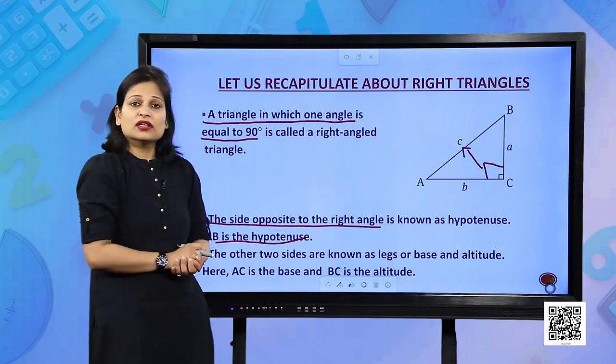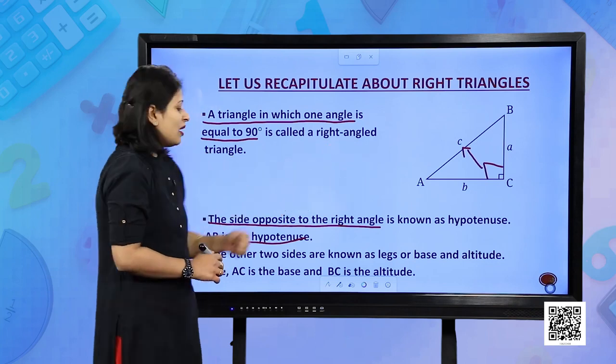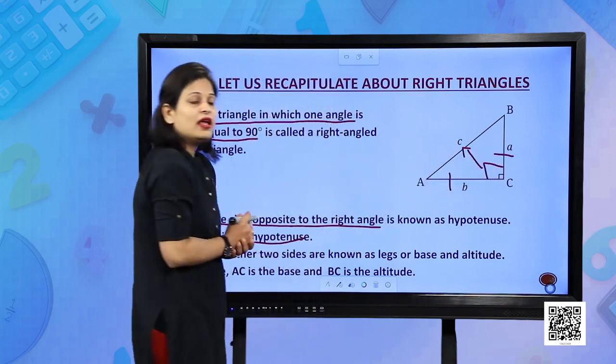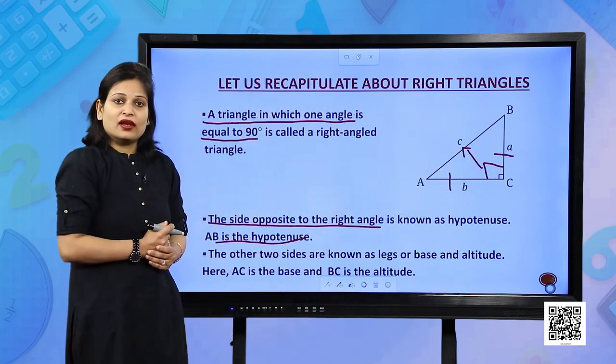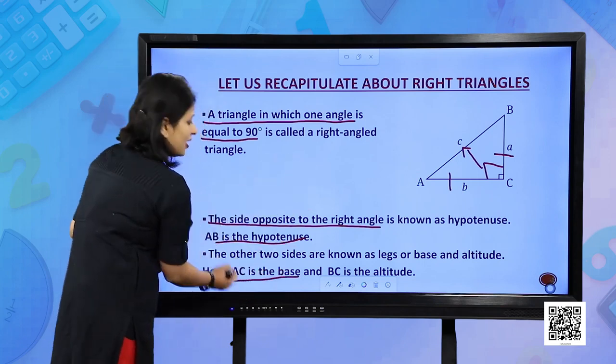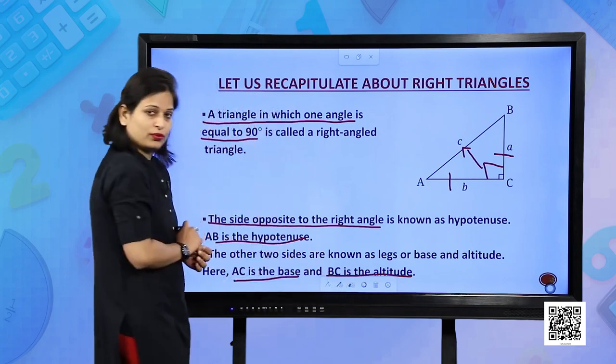Now, what about the other two sides, the sides BC and AC? These two sides are called legs of a triangle, or you can say AC is the base and BC is the altitude.